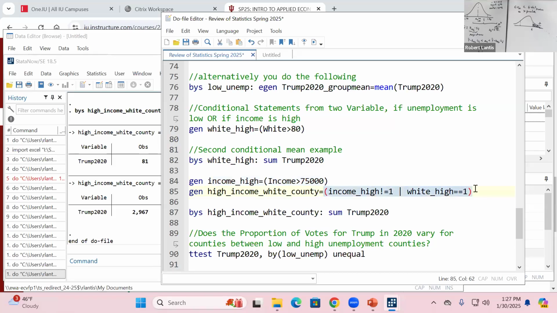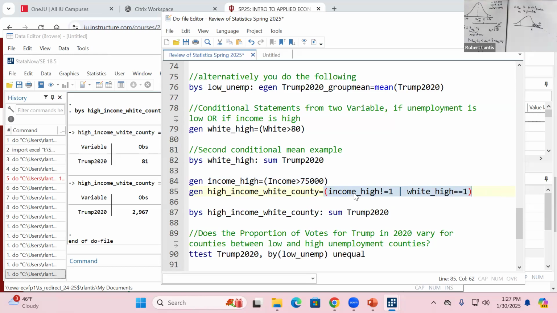Now, one thing that you can also do when creating these variables using conditional statements, so I can say, create this variable, high income, high white, essentially county, which is equal to a 1 if this is true. I don't have to just do one thing. I can do multiple things. So here, this is going to be equal to a 1 if the income being high was not equal to 1, right?